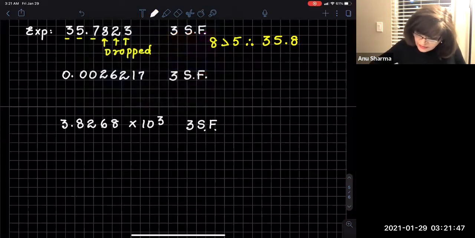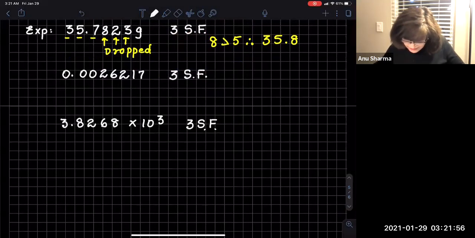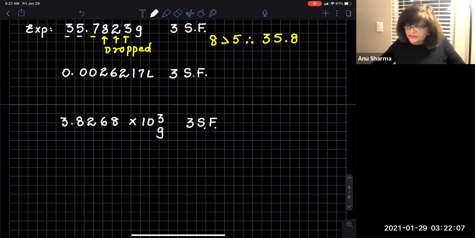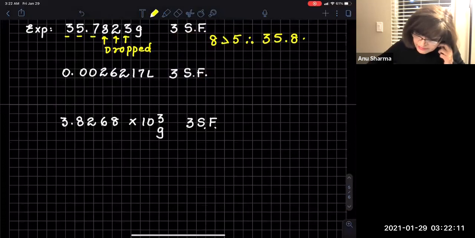Let us say this is grams, this is liters, and this is also grams. So this is 35.8, and this becomes grams.